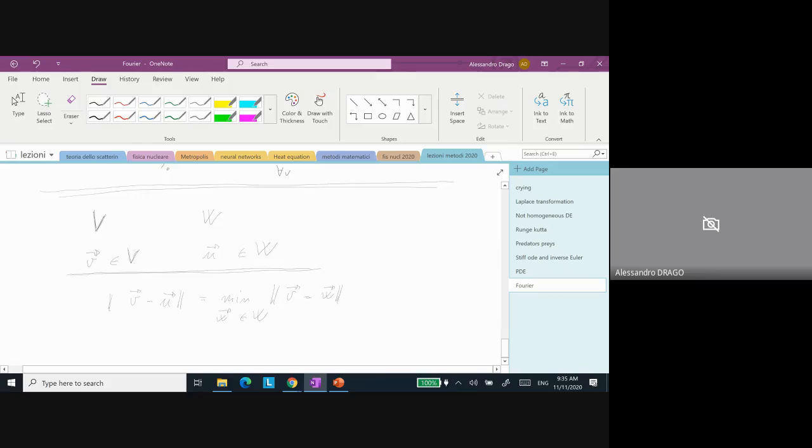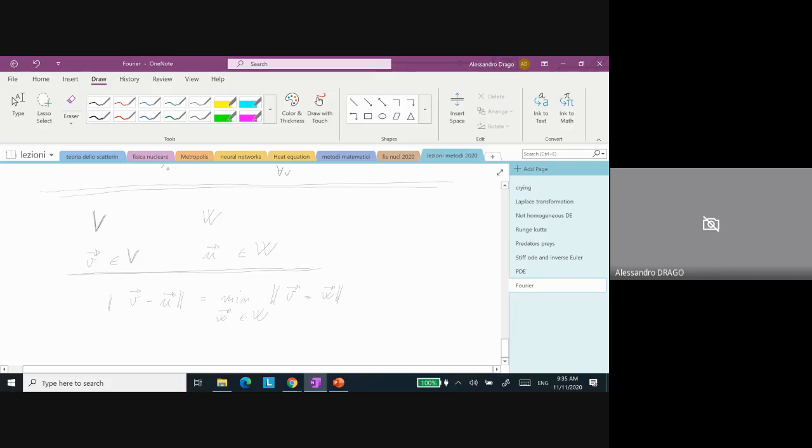So what I'm saying is that my definition of best approximation is: U is the best approximation to V if the norm of the distance between V and U is the minimum of all these distances if I take omega as whatever vector inside the subspace.